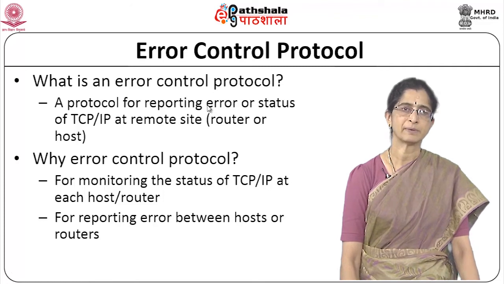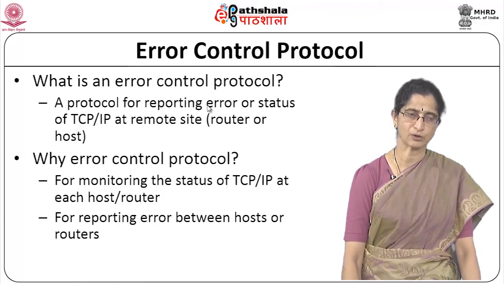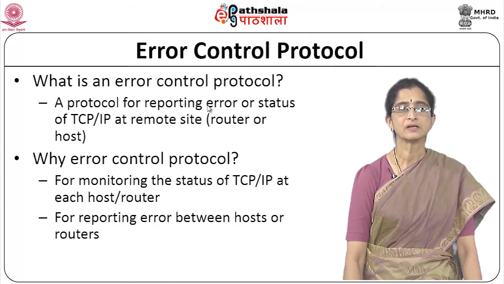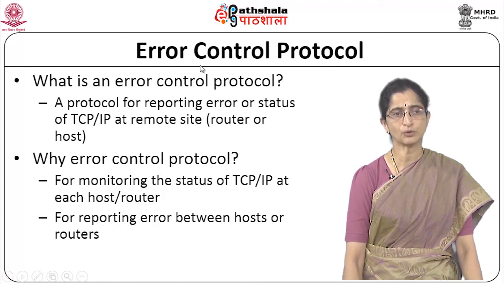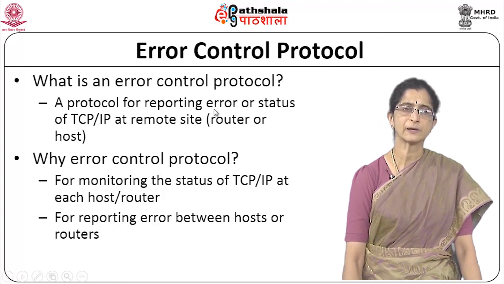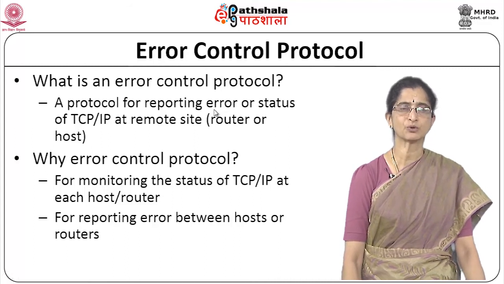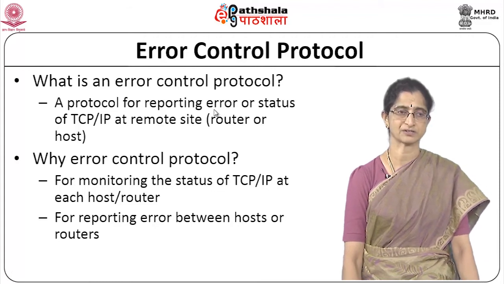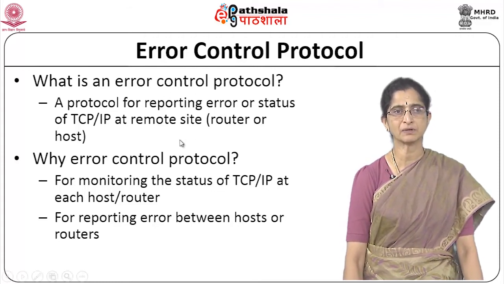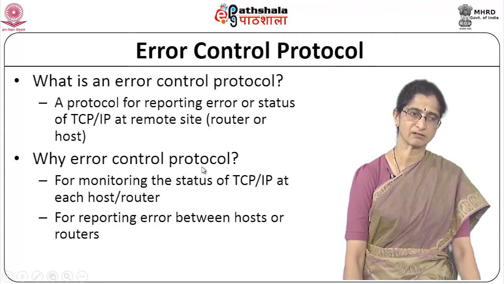As the packets go through the network, if there are any errors that occur, those can be recorded and reported. Another reason why we could call this an error control protocol is that you can get some status information ahead of time, and based on that anticipate errors and try to control errors. So in that sense ICMP can be considered an error control protocol as well, but normally we refer to ICMP as an error reporting protocol.